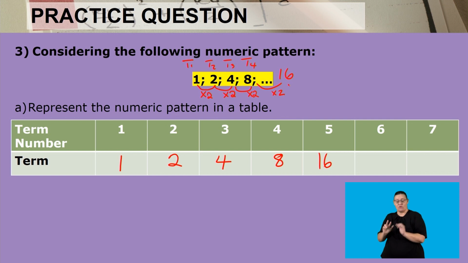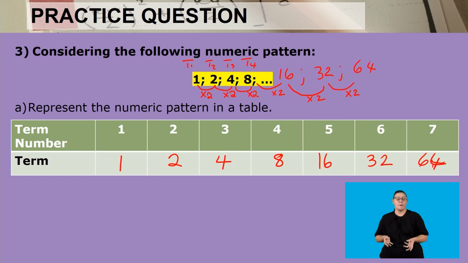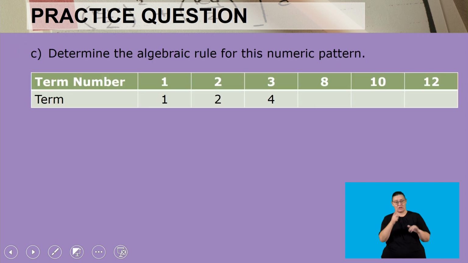From 16, if we multiply by 2, we get an answer of 32. And from 32, if we multiply by 2, we get an answer of 64. So that would be now the first 7 terms here. So now we've represented our numeric pattern in a table.